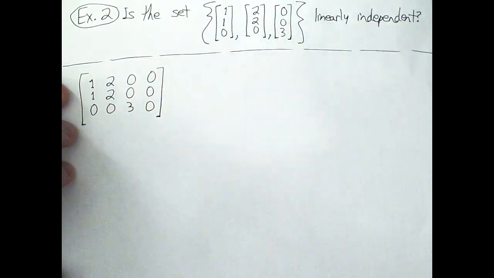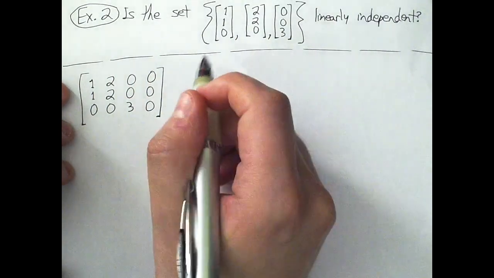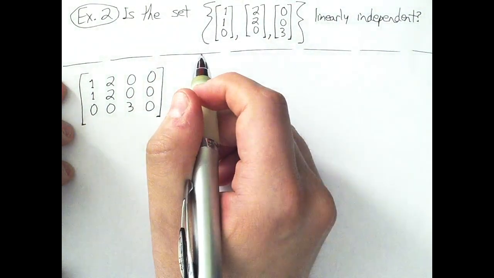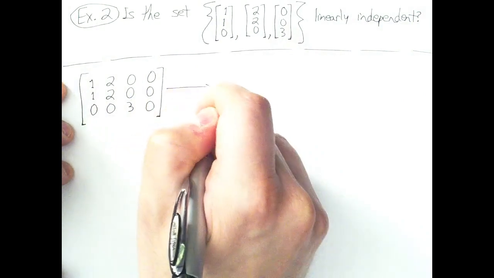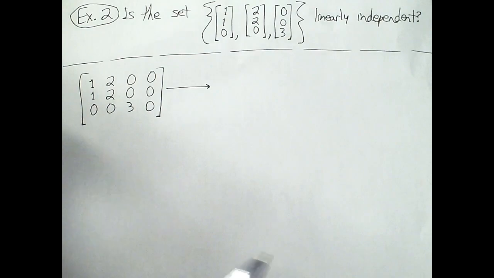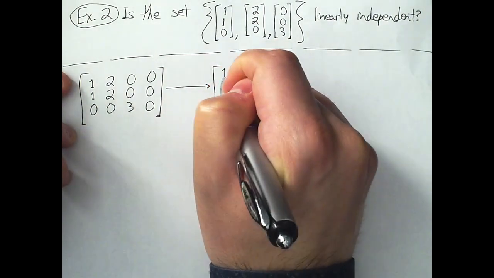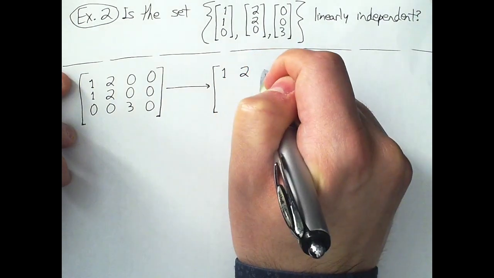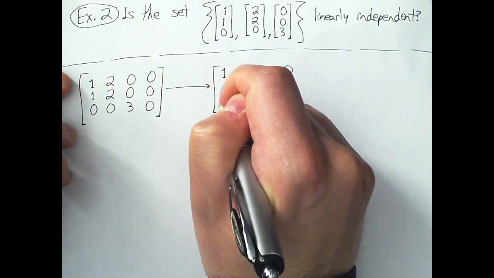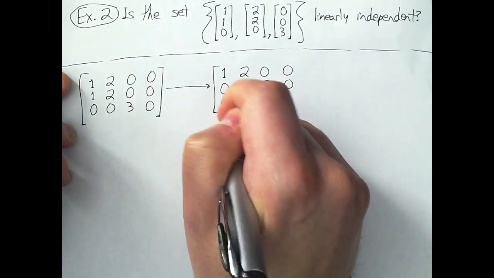because we want the right-hand side to be all zeros. So I did row reduction on this, and we've done row reduction enough now that I'm going to skip some of the scratch work and just jump to the result. I get 1, 2, 0, 0, 0, 0, 3, 0, and then a row of all zeros at the bottom.